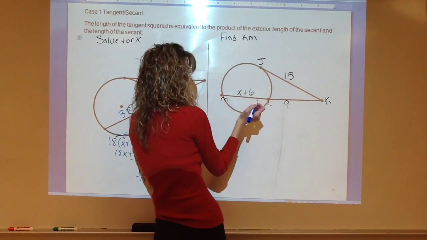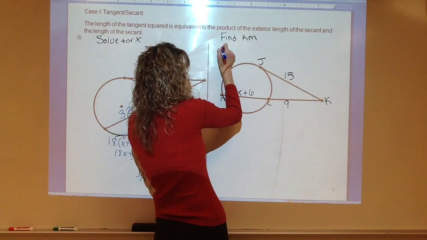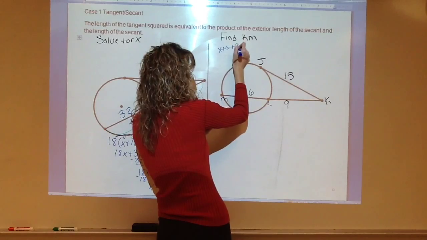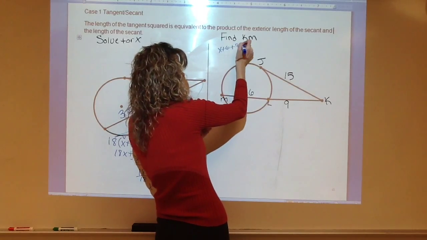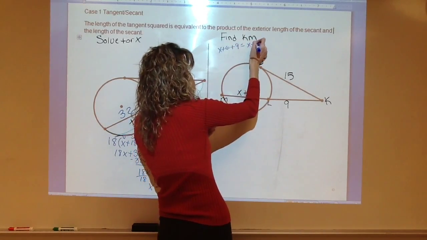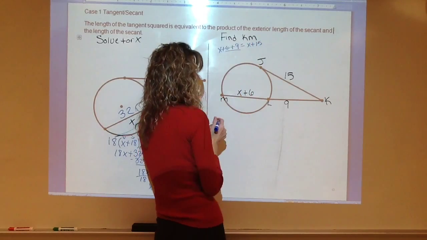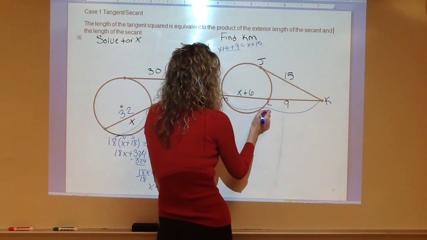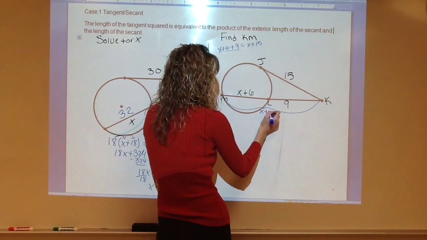I'm going to do that math up here. So I know it's going to be x plus 6, because that's this piece here, plus 9. I need to combine my terms for that. So that's x plus 15. 6 plus 9 is 15. So this whole outside distance is x plus 15.